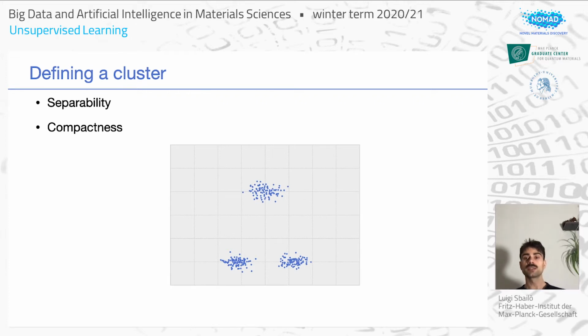Well, firstly, the first question that we should answer before understanding if an algorithm is good or bad is whether clusters are good or bad. So what I mean is, how can we define if a cluster is well defined or not? If the clustering that we found is what is required for our application.